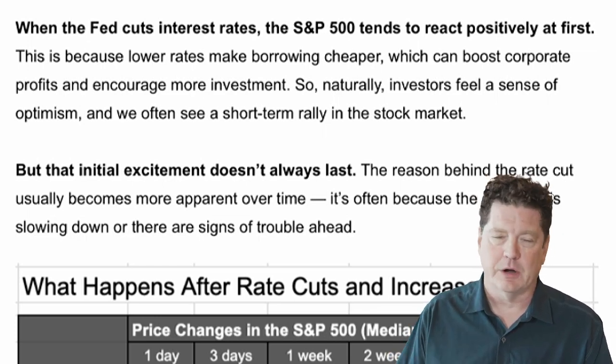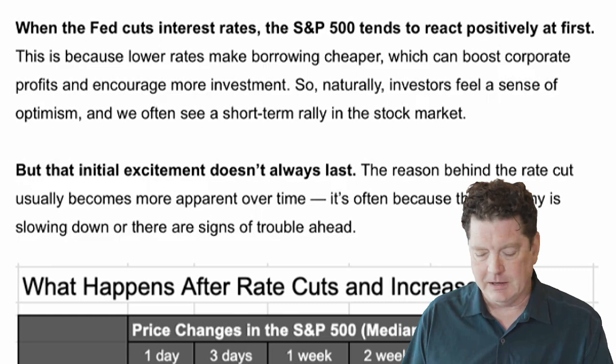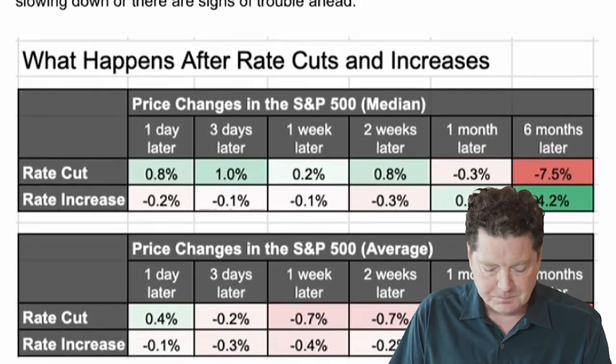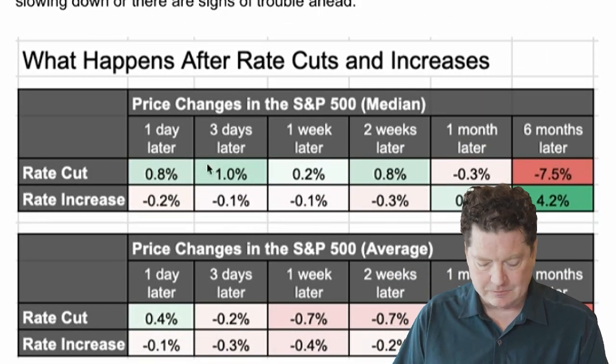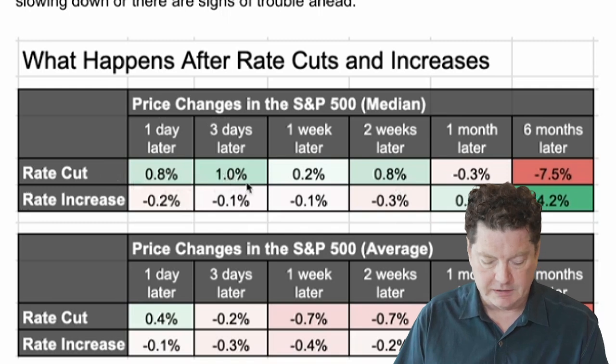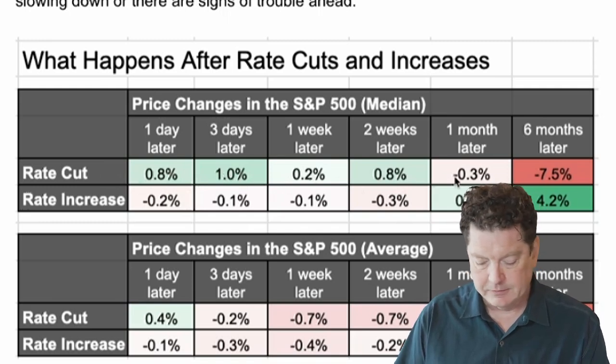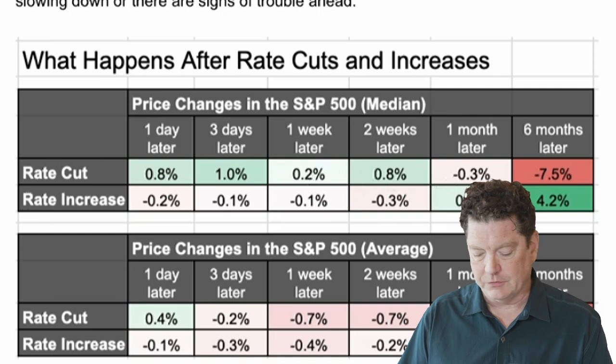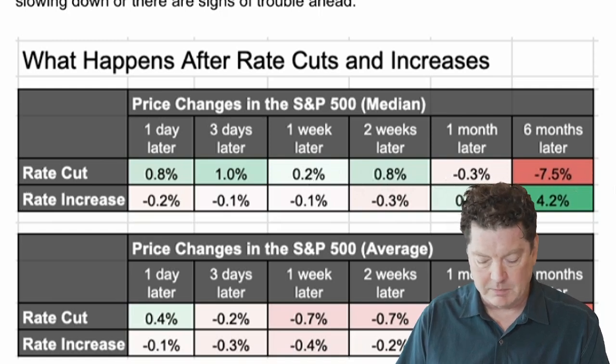That's the broader explanation. And the same is true of a rate hike, right? But the excitement doesn't always last. What happens after a rate cut, they do the median and the average, and they're basically the same kind of information: when there's a rate cut, it's a short-term increase, 1 day, 3 days later. As you go out longer term, it's really kind of hard to see what might happen.